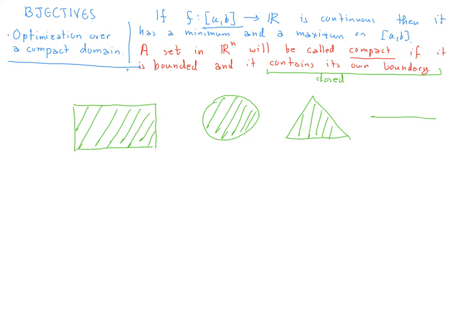That's a set that is its own boundary in some sense, but it's compact. And these are the kinds of sets that will allow us to say that a function defined on such a set actually has a minimum and a maximum.